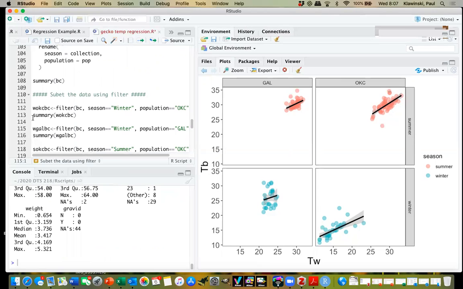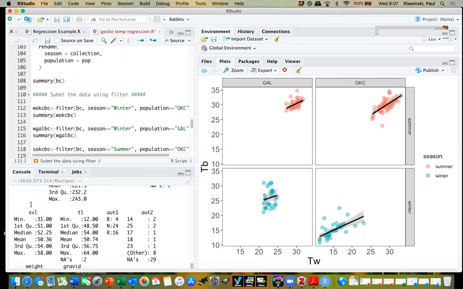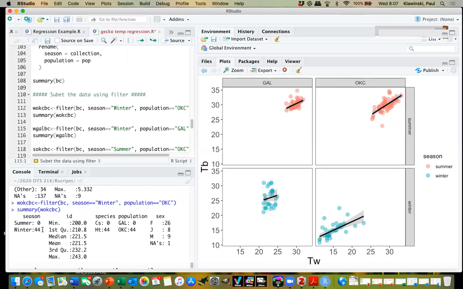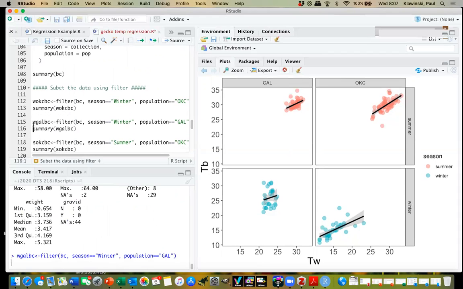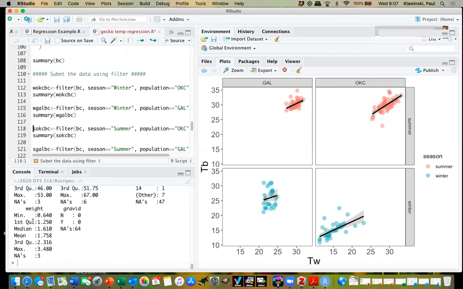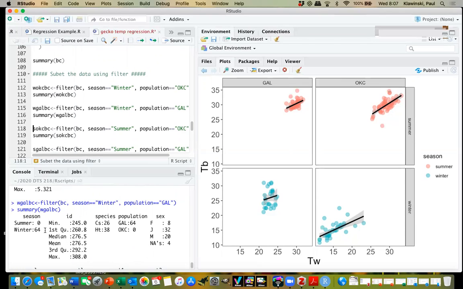Pay attention to two things. Pay attention to total sample size. This is winter Oklahoma City. We have 44 observations. We have winter Galveston. Once again, winter Galveston, we have 64.